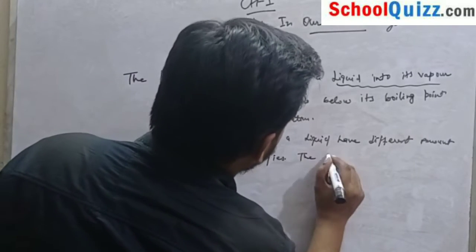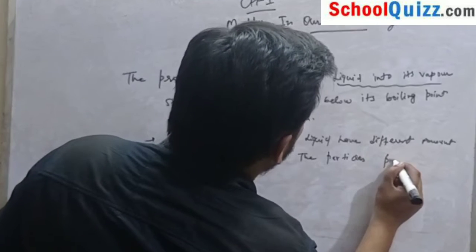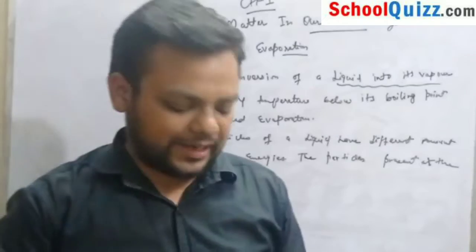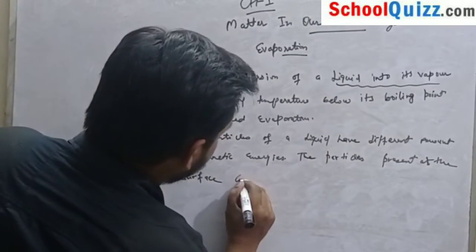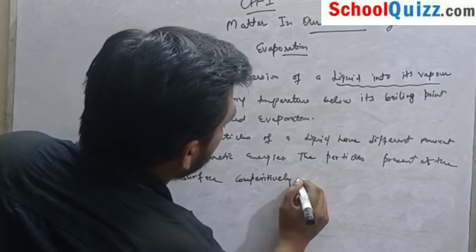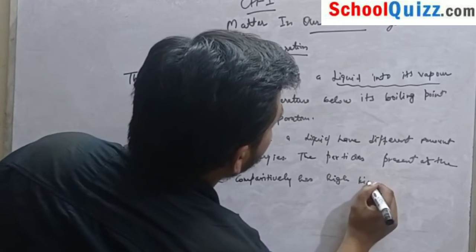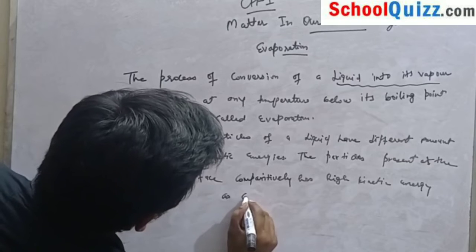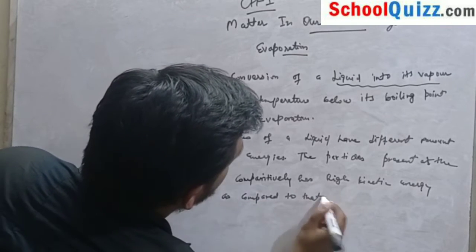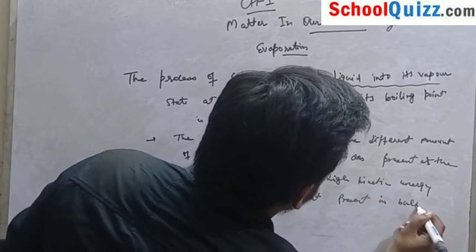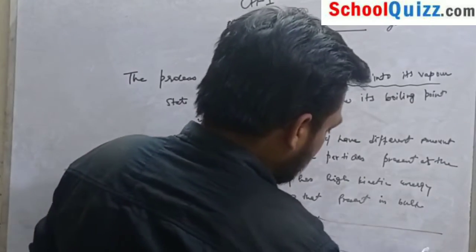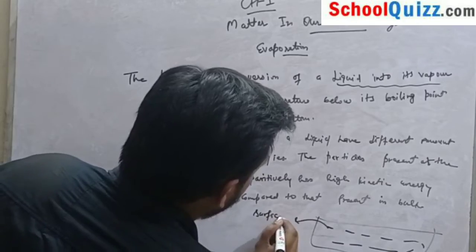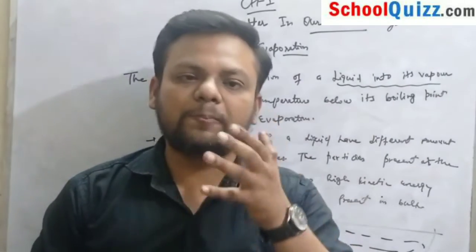The particles which are present at the surface comparatively have high kinetic energy as compared to those present in the bulk of the liquid.